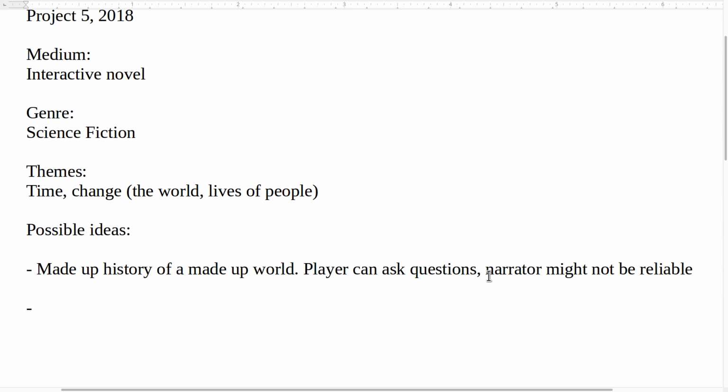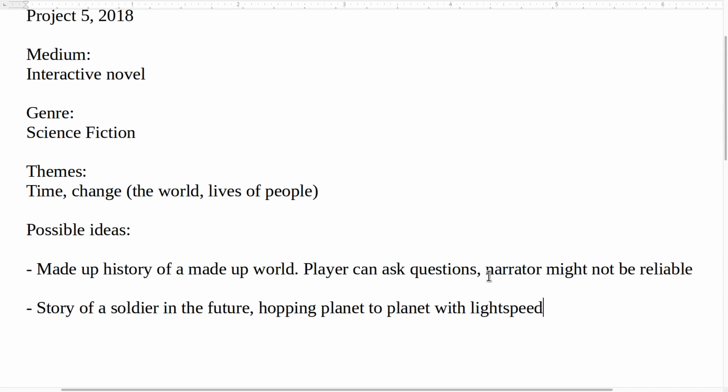So it's the story of a soldier in the future, of course. So hopping from planet to planet with light speed, or even faster than that.